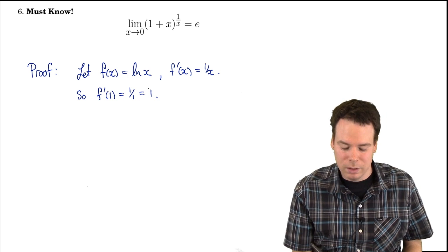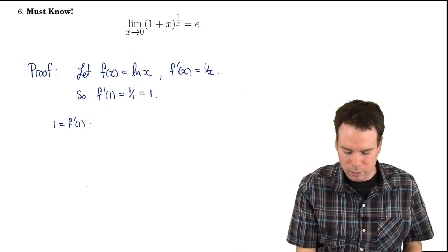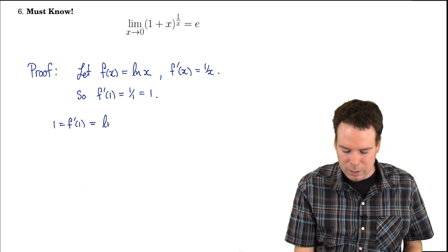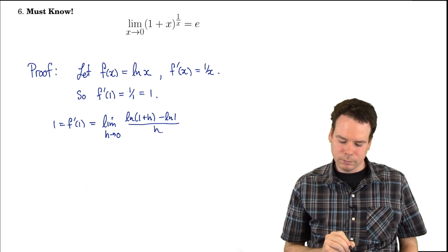But let's see what the limit definition for the logarithm tells us. So 1 would be f prime at 1, which is the limit as h goes to 0 of (ln(1 + h) - ln(1)) all over h.